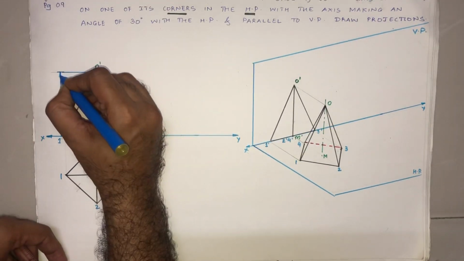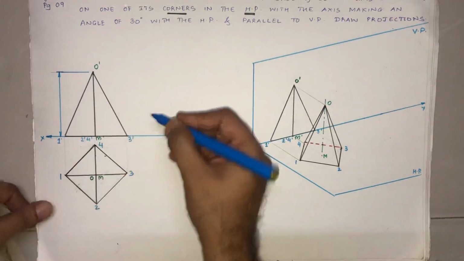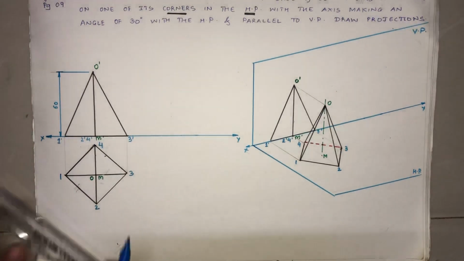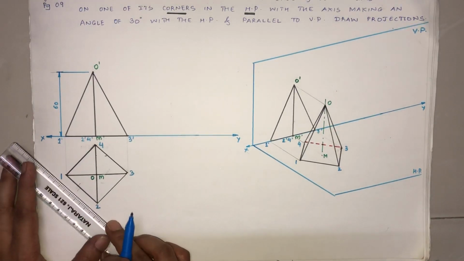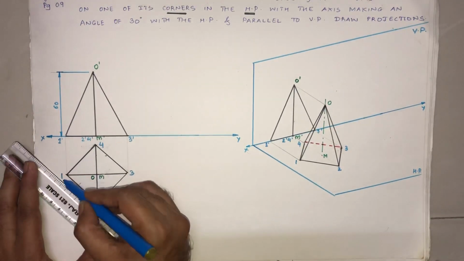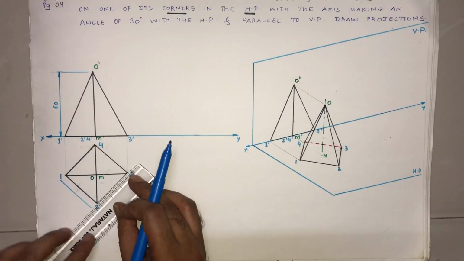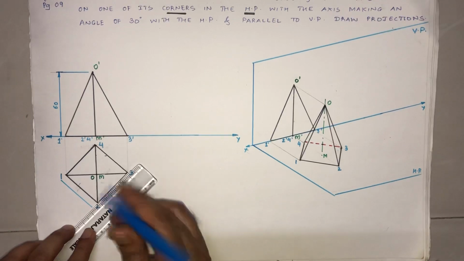I'm going to name them. Okay, I'm going to dimension this. I knew that the axis height was 60. Also, I know that the base edge here was 40.